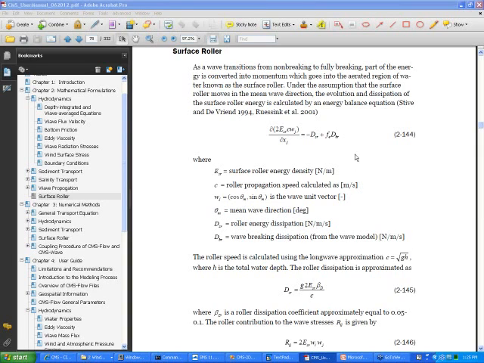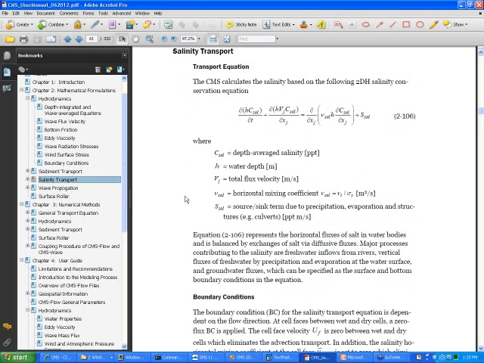When it becomes part of the interface, then we will change the default for it to be always on, but at least the user will be able to see it when he or she is setting up the model. If there's no more questions on the surface roller, then I'll move on to salinity transport.